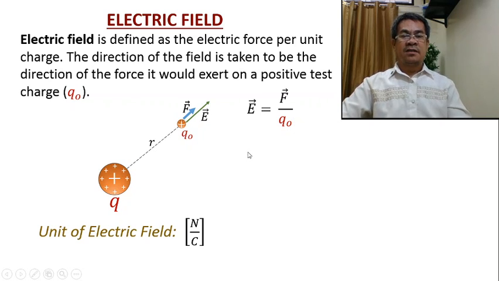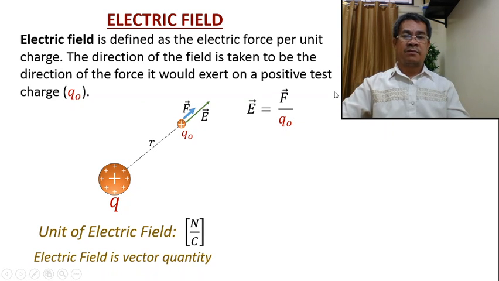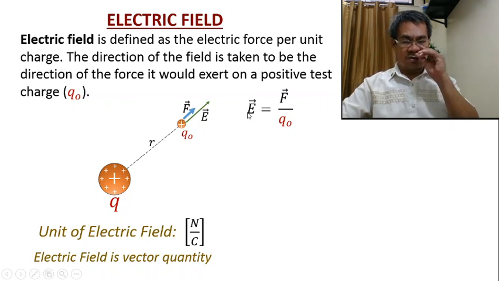Okay? So take note that force is a vector. Then it follows that electric field is also a vector, because in the principle of vector analysis, if you divide or multiply a vector by a scalar, the result is always a vector. So therefore, since F is a vector and q is a scalar, then the result is also a vector.